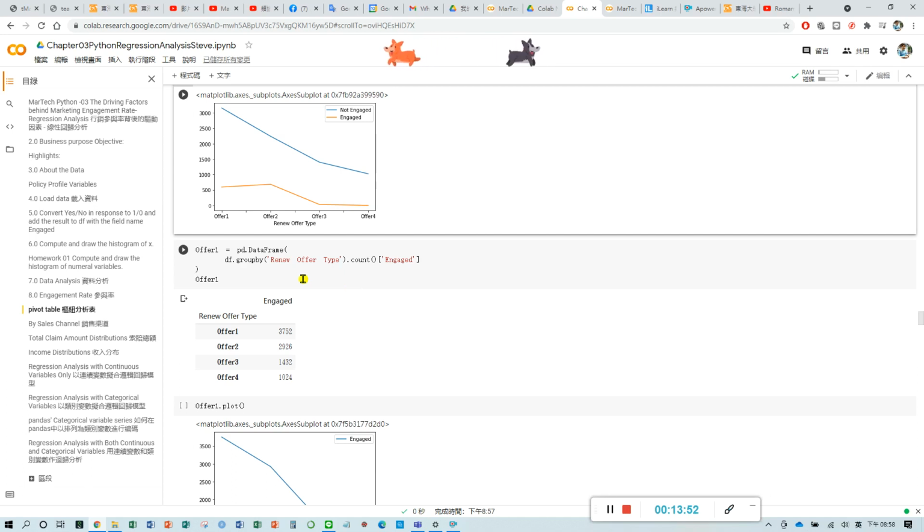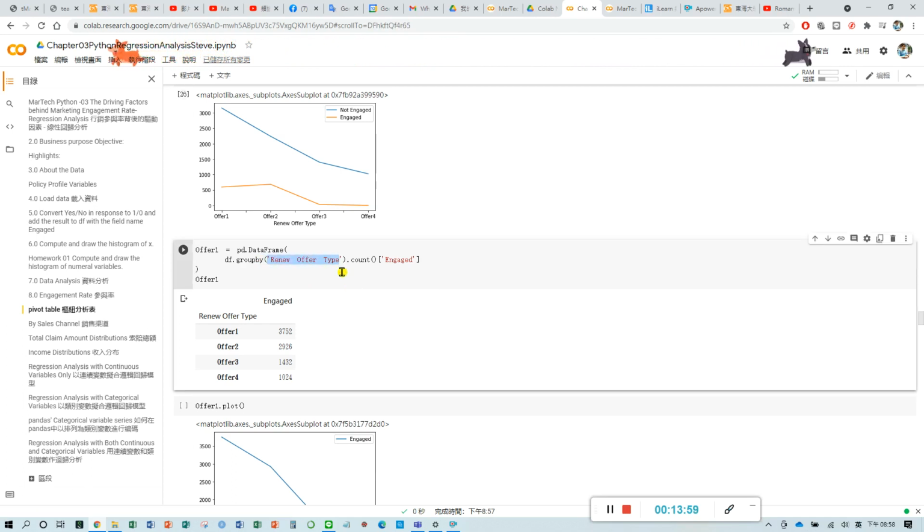Okay, so we do the renew offer type again. You may see we group by only one variable, renew type.